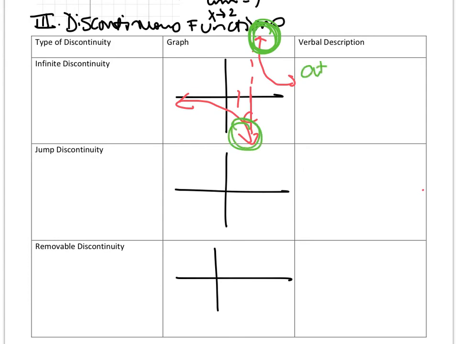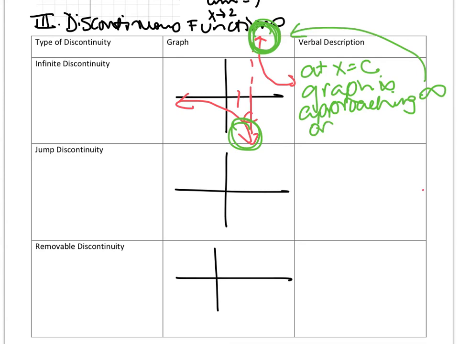So at x equals c, your graph is approaching positive infinity, which is this one, or negative infinity, which is this one. And that is an infinite discontinuity. There are different kinds, so you want to make sure that you know the names of them.